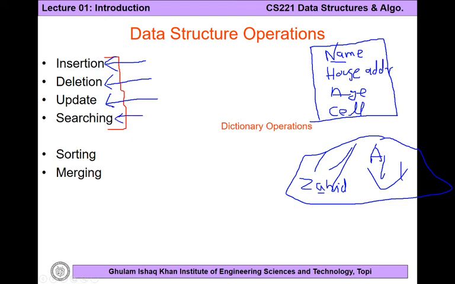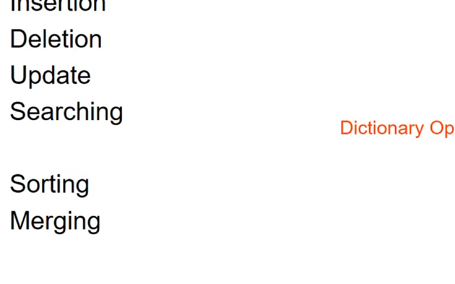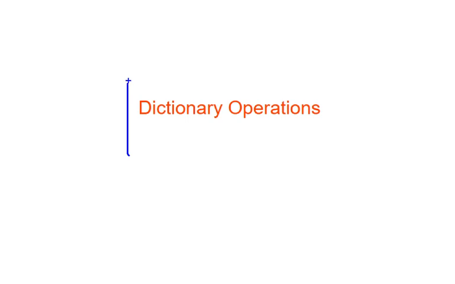These are the 4 key operations which are performed on almost all types of data. And these 4 operations are actually called the dictionary operations.